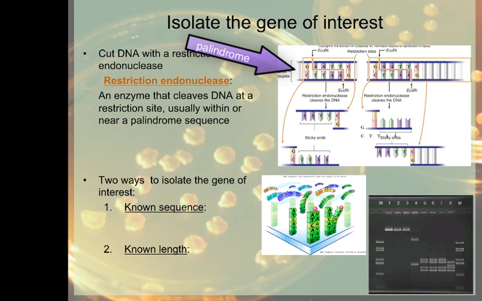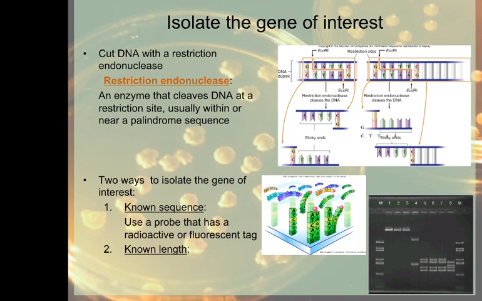In English, examples of palindromes include the words radar or kayak, but in genetics we are referring to the nucleotide sequences C, A, T, and G. Again, you can identify the sequence in multiple ways, using a known sequence or a known length. But for our purposes, know that you have to cut the palindrome with a restriction endonuclease.